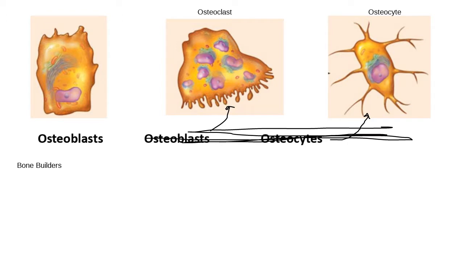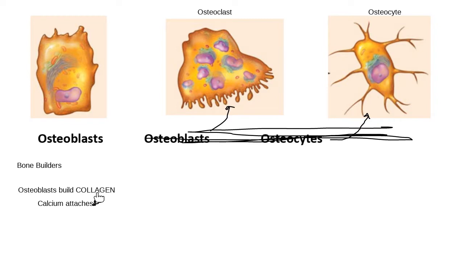They build collagen. They build this protein, they put it down, and when they build this collagen, when they build a couple of other proteins that go along with it, that's going to cause calcium to attach. So osteoblasts build collagen, and then calcium that's floating around in the bloodstream attaches to that collagen.